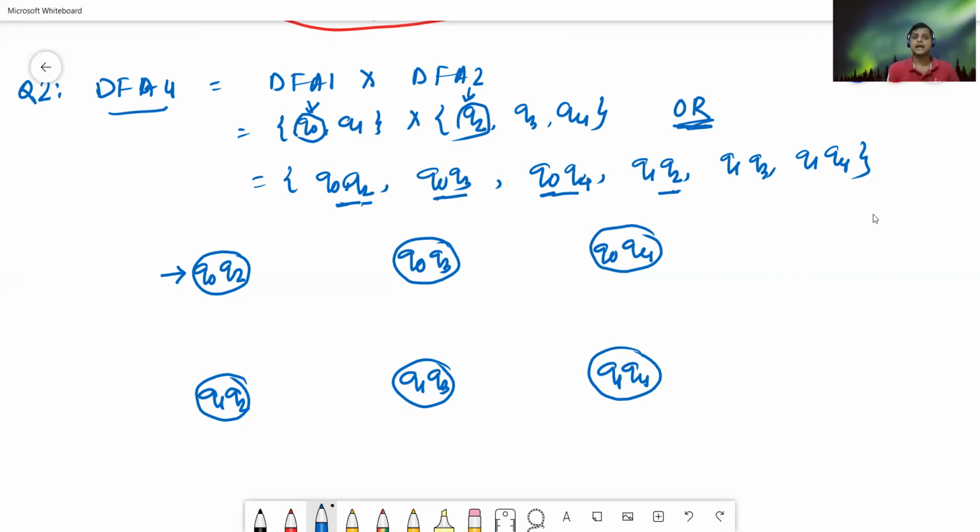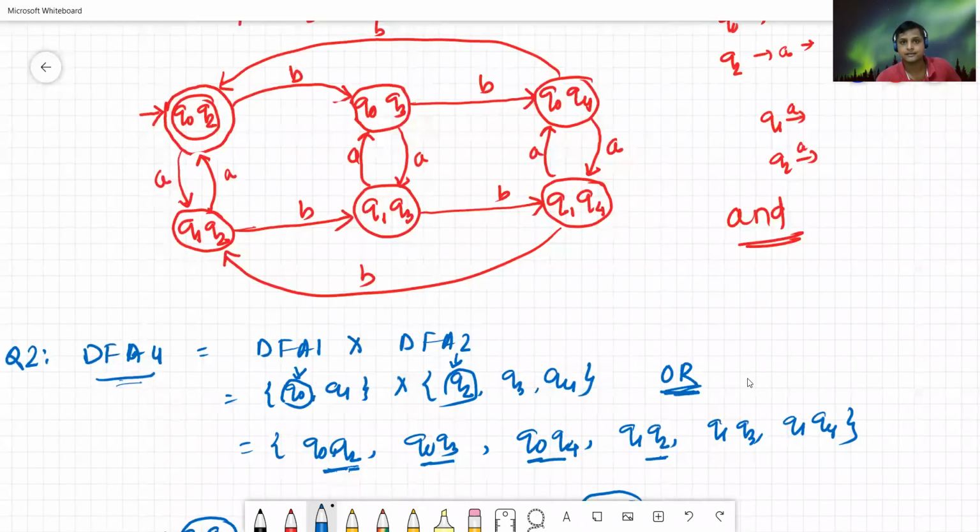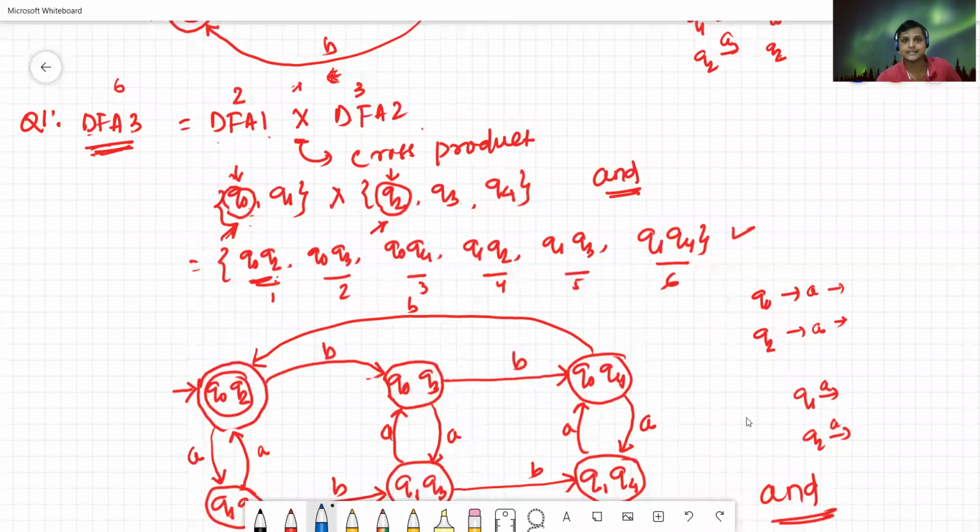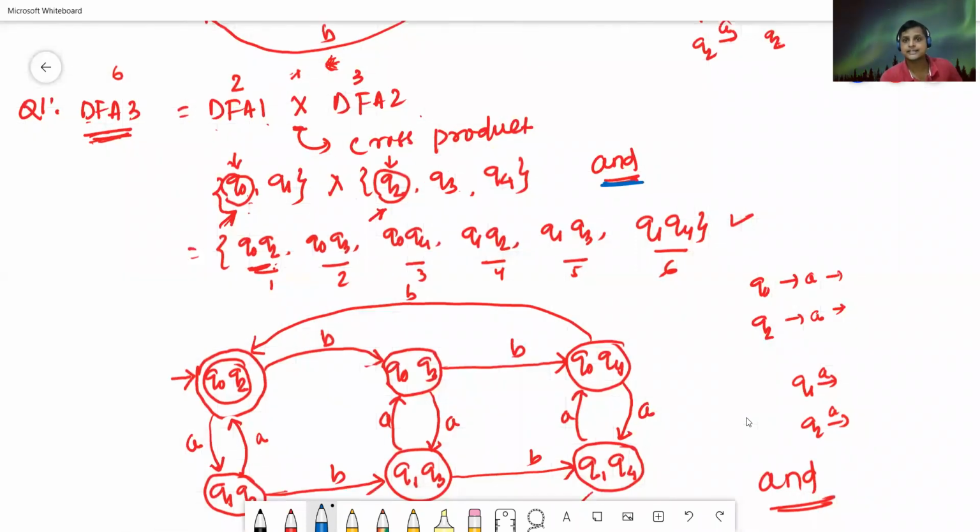OR means which states of DFA 4 contain either Q0 or Q2. But in the upper case, since it is an AND case, which state of DFA 3 contains both, means at a time, Q0 and Q2.